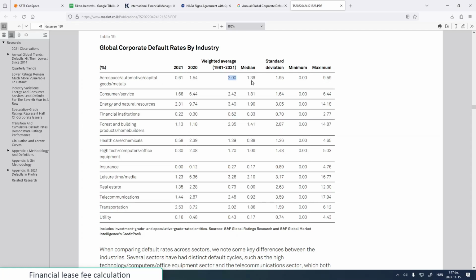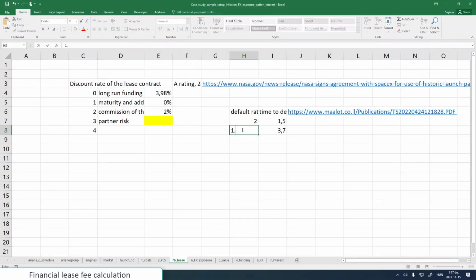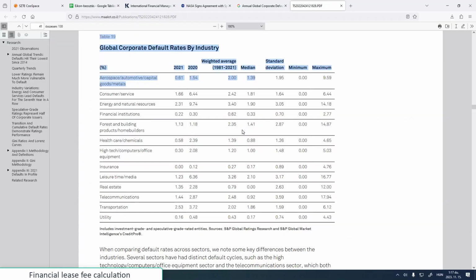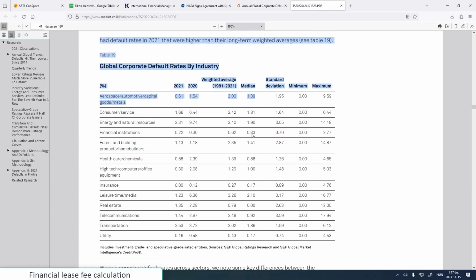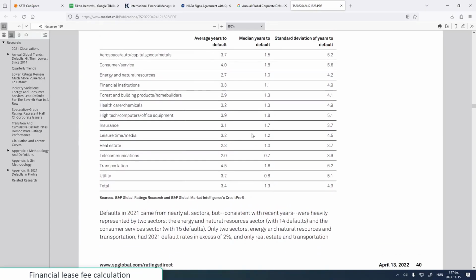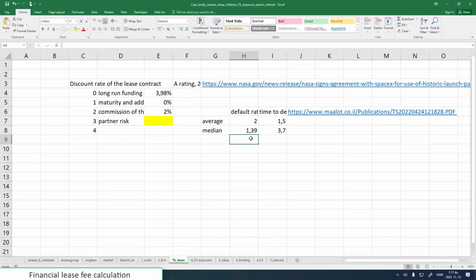2. Okay, for median it's 0.39. Yes, I'm collecting both of them, so that if one number will be ridiculously high, then we can still choose the other.